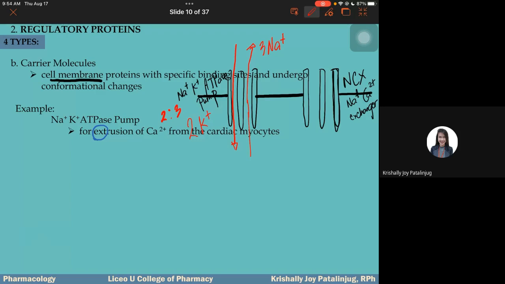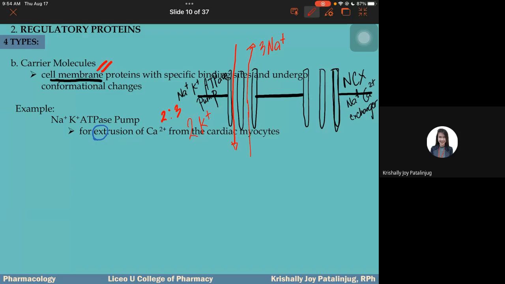You might be confused. We are done with voltage-gated ion channel. The sodium potassium ATPase pump is not a voltage-gated ion channel. It's a carrier molecule. So this is how the ions move once they exchange in the cell for the sodium potassium ATPase pump. The earlier movement, normally for sodium and potassium, applies for an ion channel.